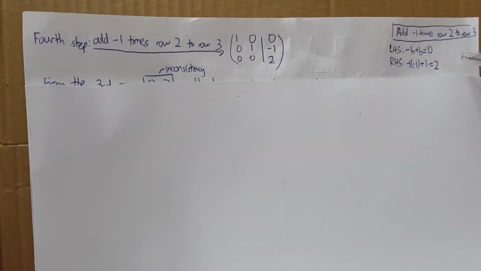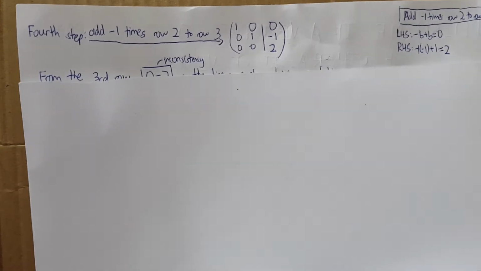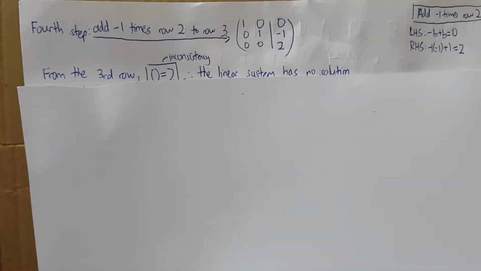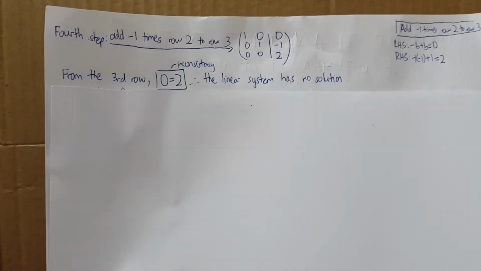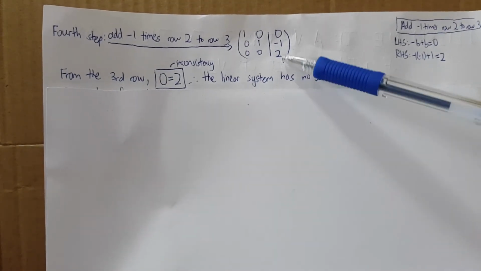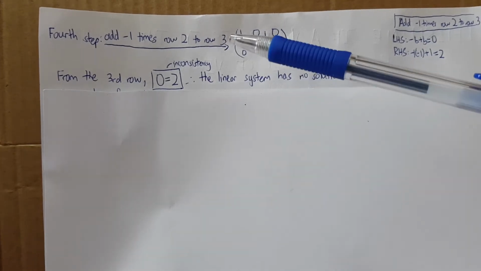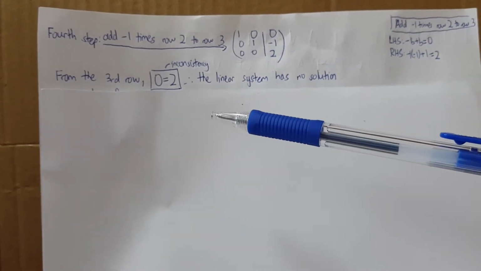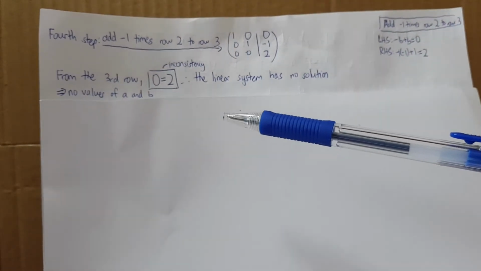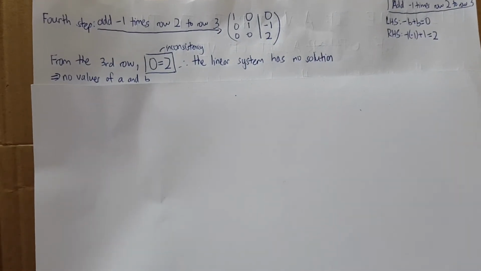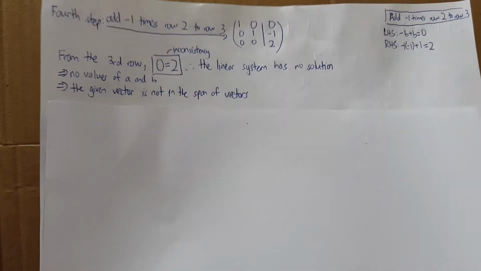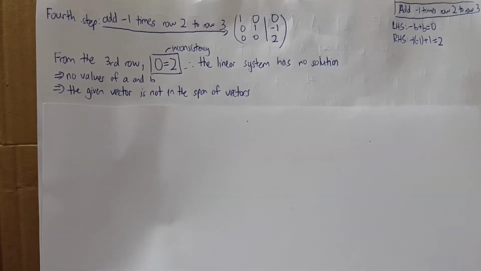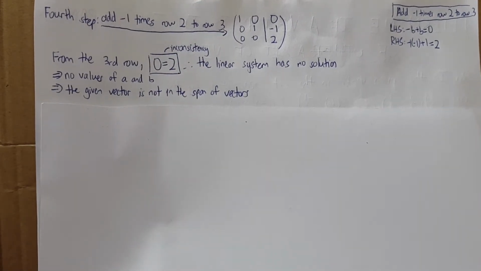After that, you get it in echelon form. But look carefully. You notice that from the third row, the equation is 0 equals 2. This 0 equals 2 is inconsistent and is wrong. Therefore, the system has no solution. No solution of a and b. Therefore, the given vector is not in the span of vectors.